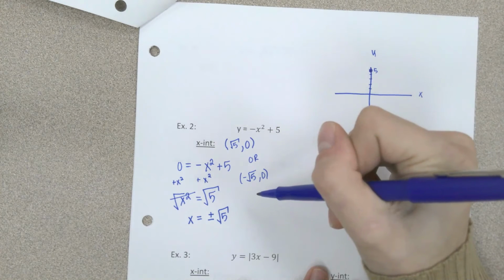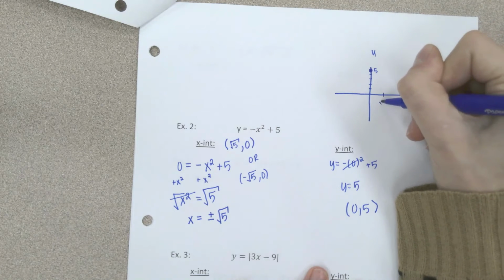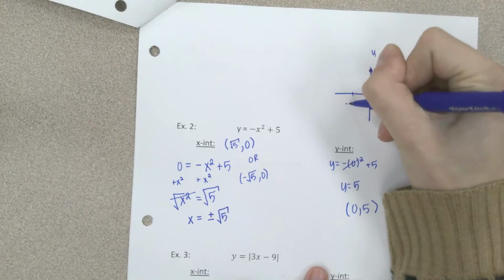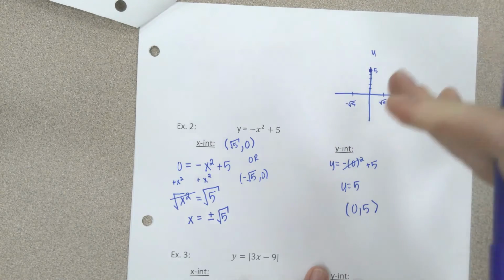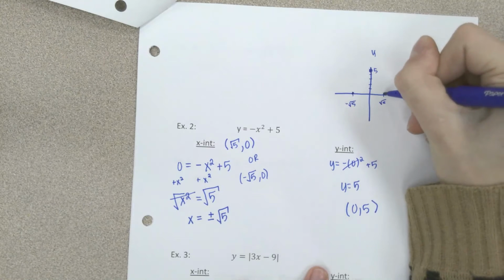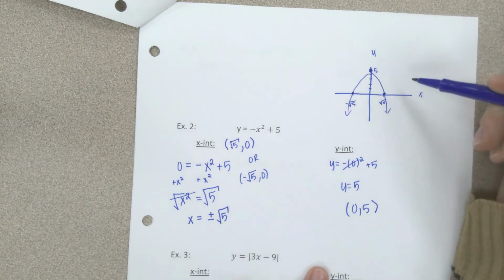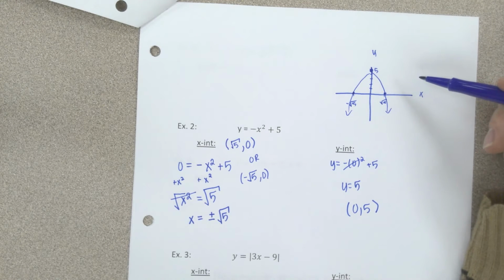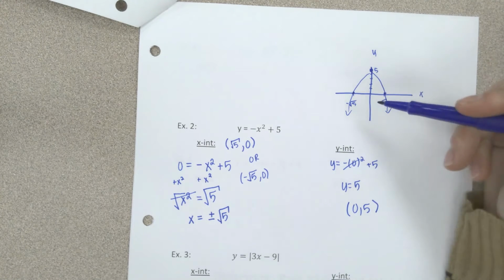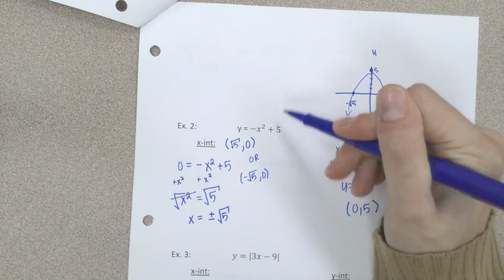And our x-intercepts are at square root 5 and negative square root 5. It's somewhere in between 2 and 3, but we have coordinates there, so we just connect the dots, and that is what our graph would end up looking like. That is a really rough estimate of what this function looks like graphed.